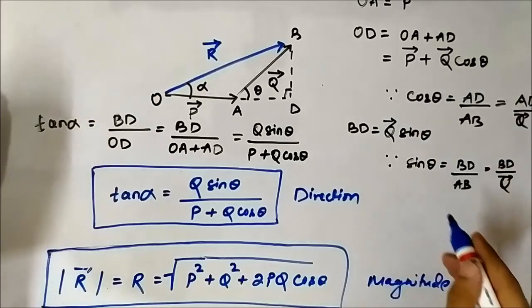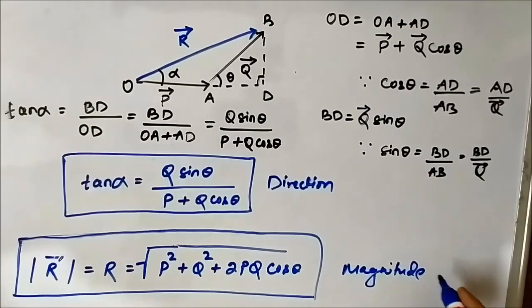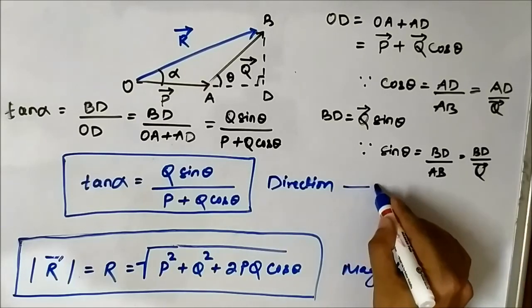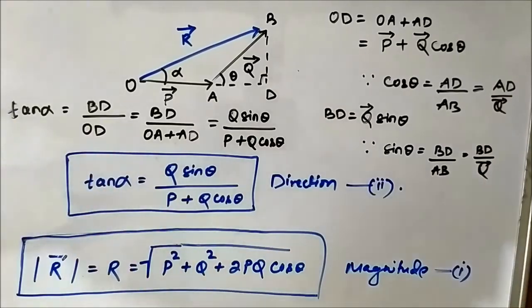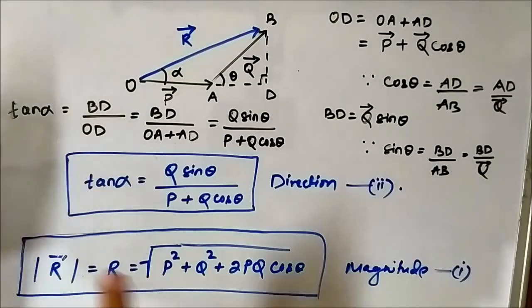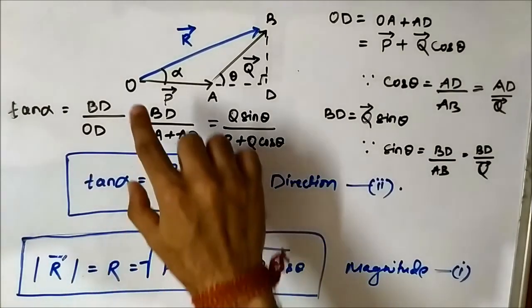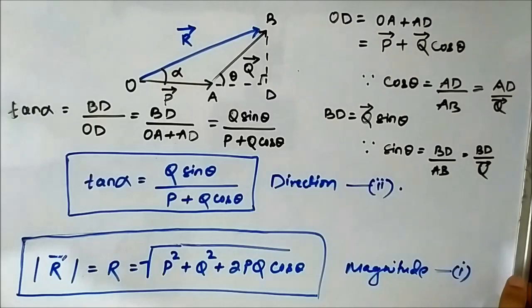So these are the two equations, 1 and 2. This is the mathematical analysis of the triangle law of vector addition, giving us the magnitude of the resultant vector and its direction.